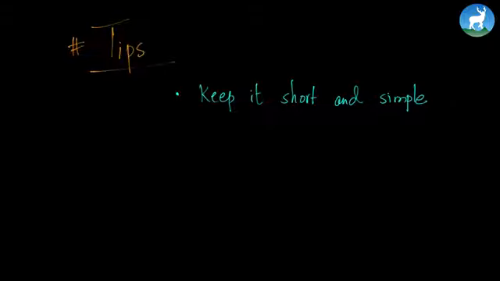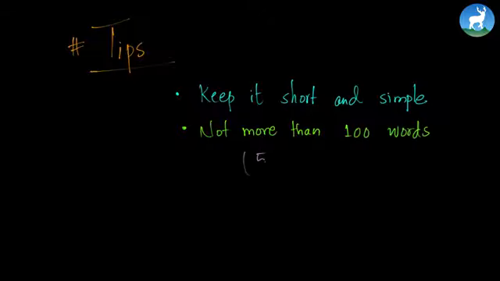Tip number 1, keep it short and simple. Another tip, not more than 100 words. Usually the word range that we find is around 50 to 100 words, but do not write more than 100 words.